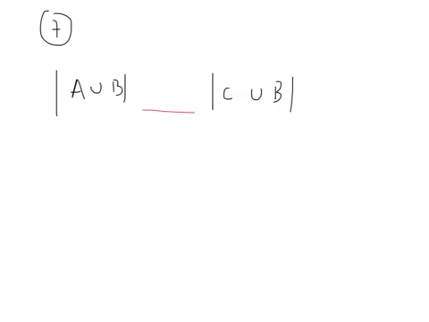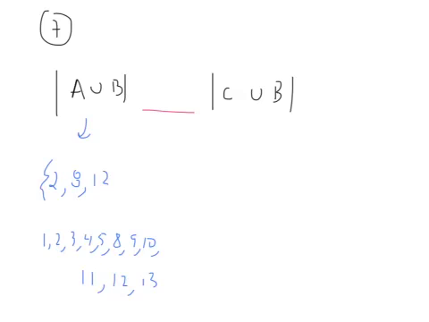Next question says, what's bigger, A union B or C union B? Well, if we just write out the sets, we have, let's see, the elements being 2, 8, 12 in A union, in A union B. Whoops, I was doing A joint B. So this is going to be 1, 2, 3, 4, 5, 8, 9, 10, 11, 12, 13, which is 1, 2, 3, 4, 5, 6, 7, 8, 9, 10, 11, so that's a size 11.